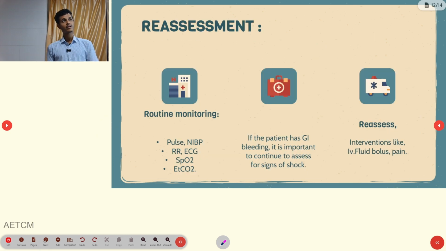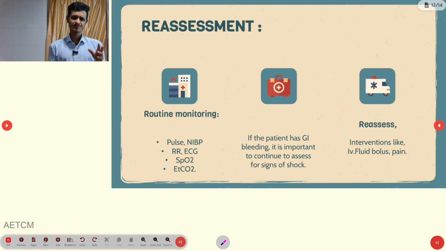And then finally, coming to the last part, reassessment. As we said, in an unstable case we have to reassess every 5 minutes, and in stable cases every 15 minutes. What we have to reassess is routine monitoring: pulse, non-invasive blood pressure, ETCO2, SpO2, respiratory rate, and ECG.